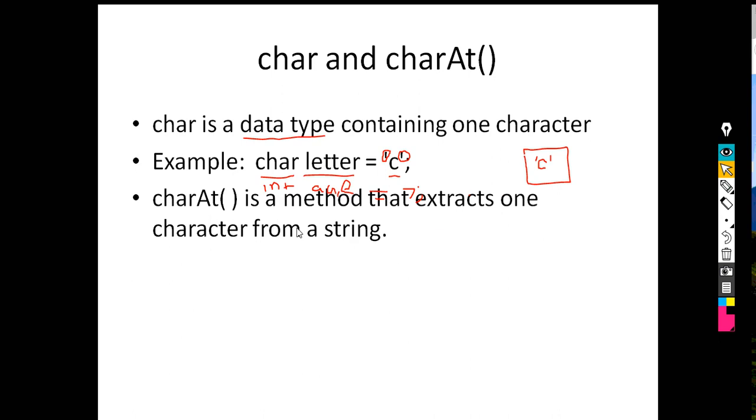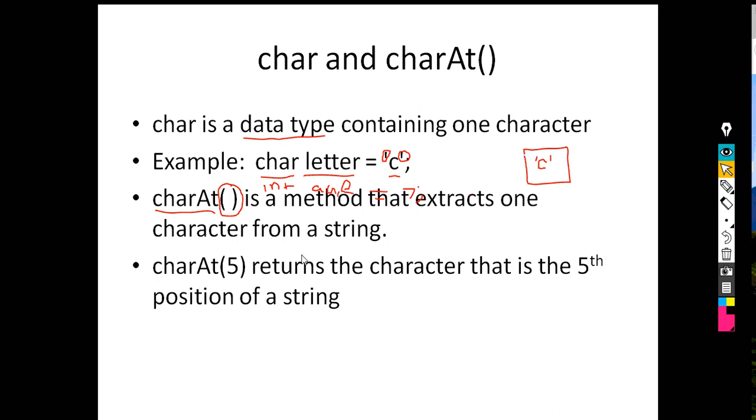charAt is a method, and you can tell a method because it has the parentheses after its identifier or its name. So it says charAt is a method that extracts one character from a string. It extracts or returns one character from a string.